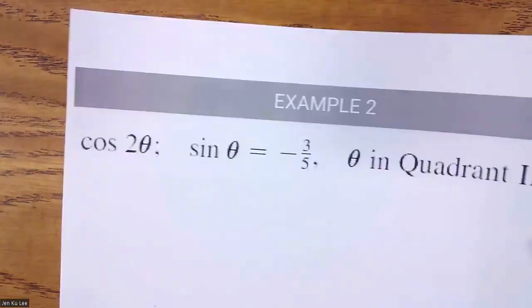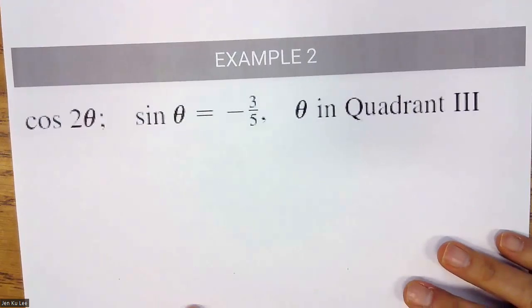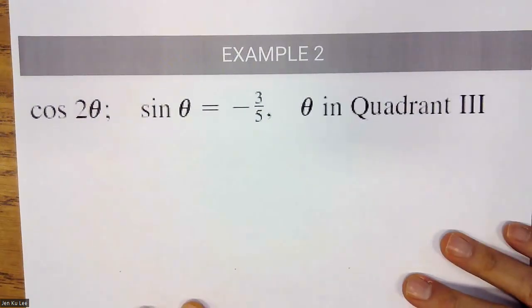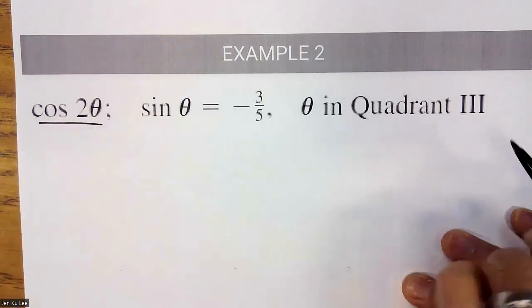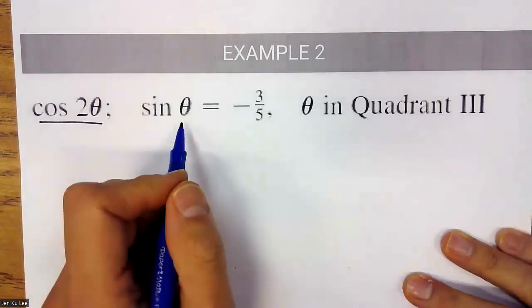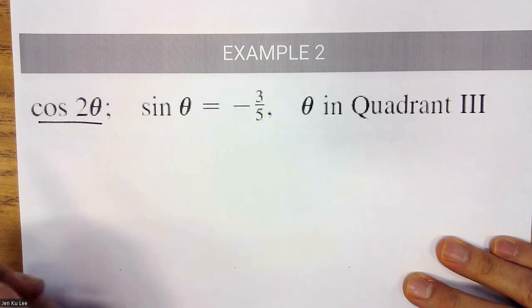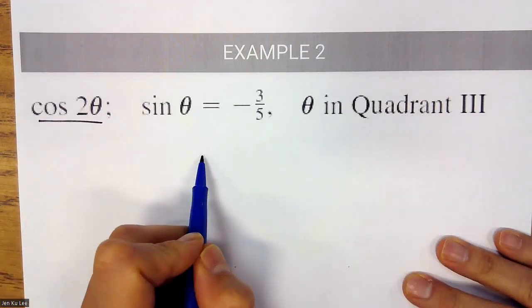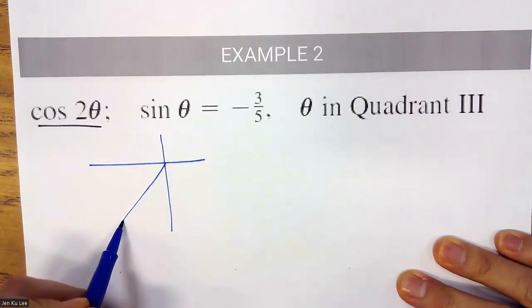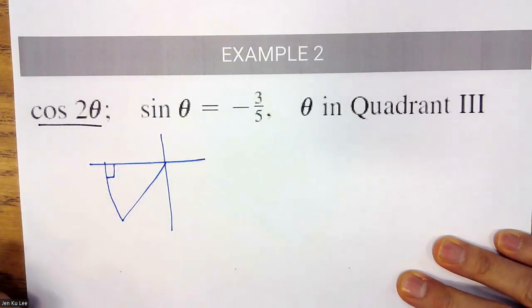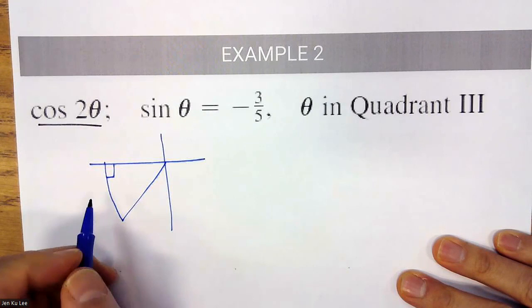Cool. Now this one here, find cosine of 2 theta, if you're given that sine of theta is negative 3/5 in the third quadrant, right? So I'm going to draw a triangle again. Negative 3 over 5.